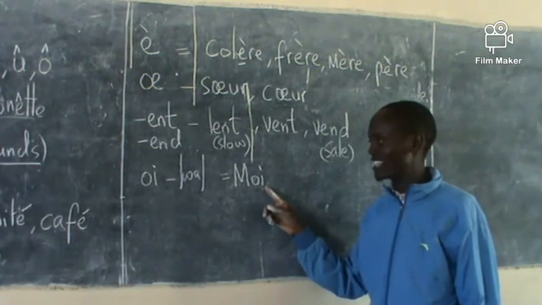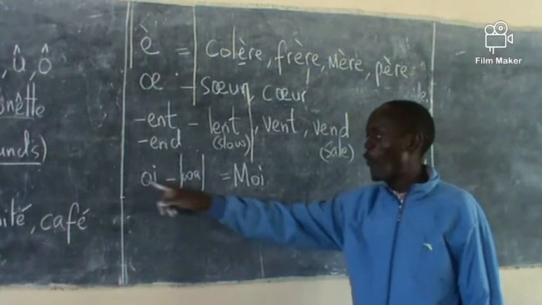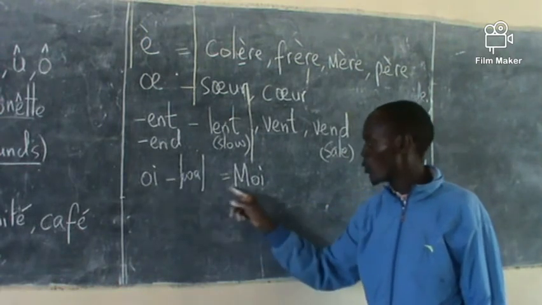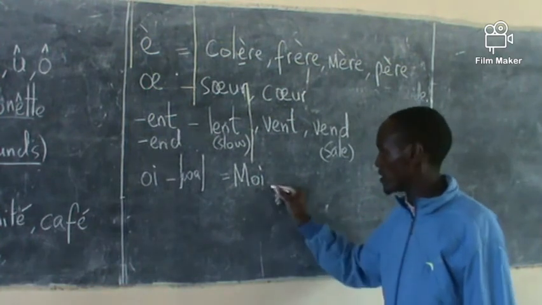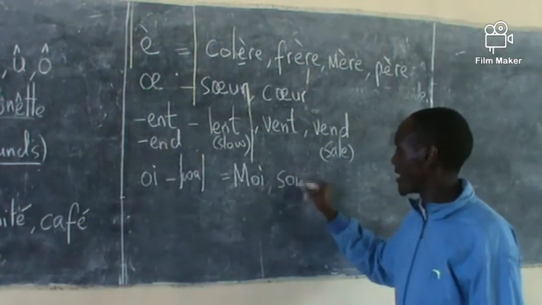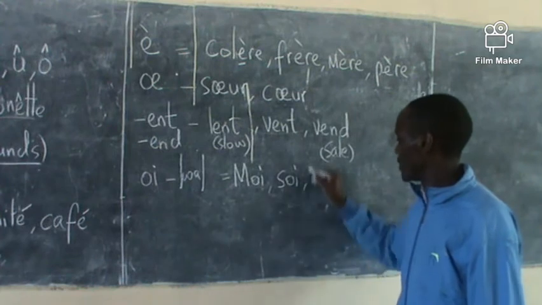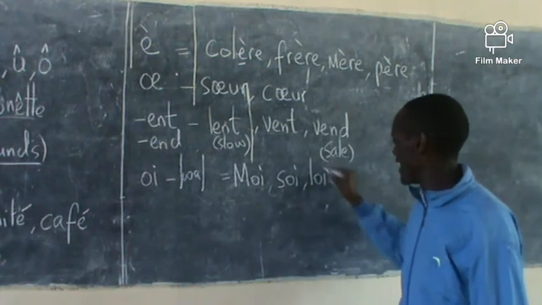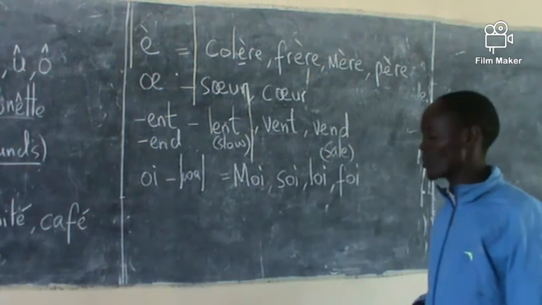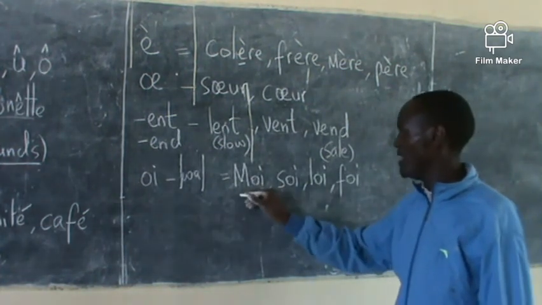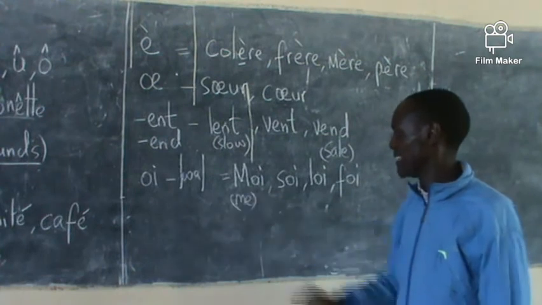It is not Moi, but it's mwa. Since O-I pronounces as wa, so M-O-I pronounces as mwa. So in the same way, soi, loi, foi, and so on.